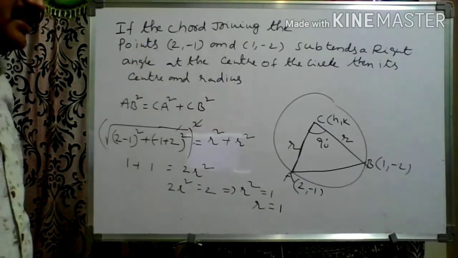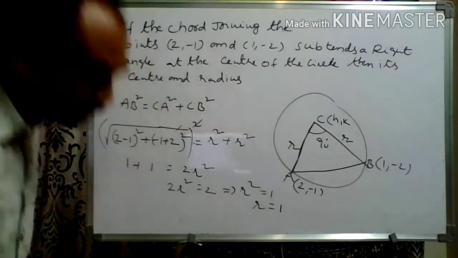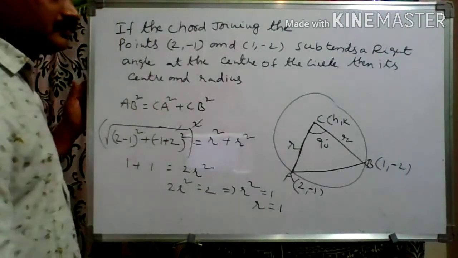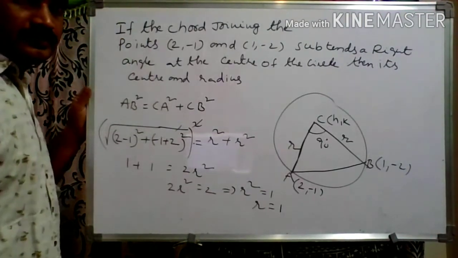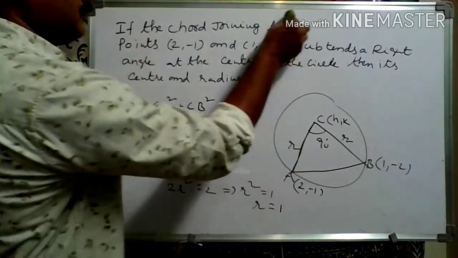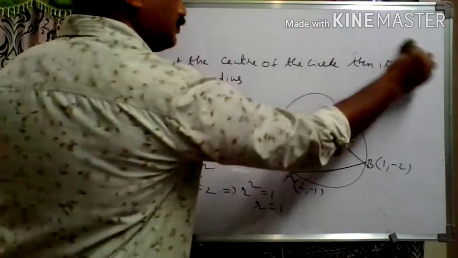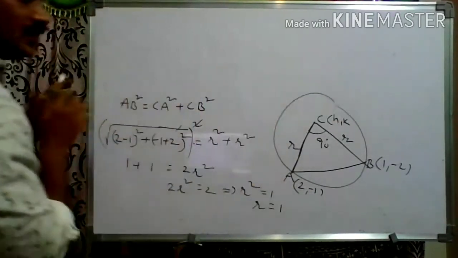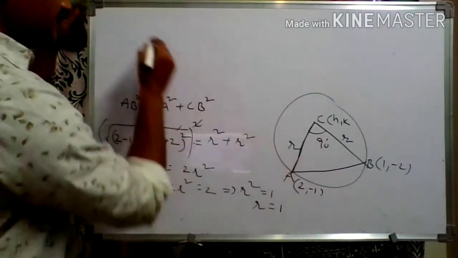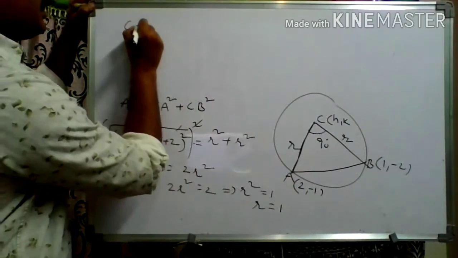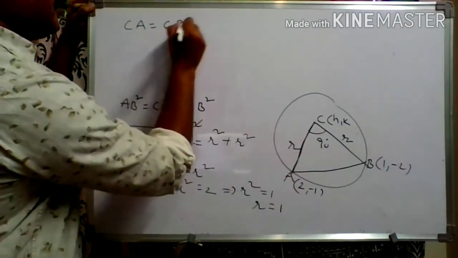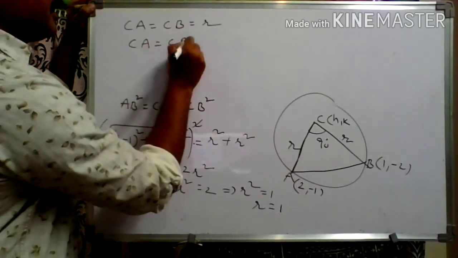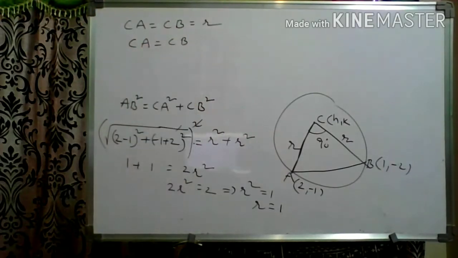So next, calculate the center. Friends, CA is equal to CB is equal to R. I am taking CA is equal to CB.